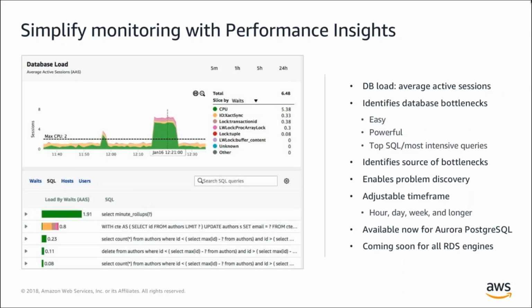One of the things RDS Performance Insights provides you is a real-time view of load happening on your database instance. If you're familiar with the CPU load on Linux, it gives you an equivalent database load on Amazon Aurora instances. It gives you the breakdown by top SQL statements.